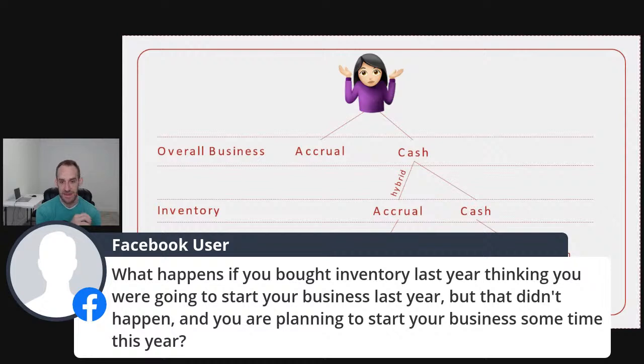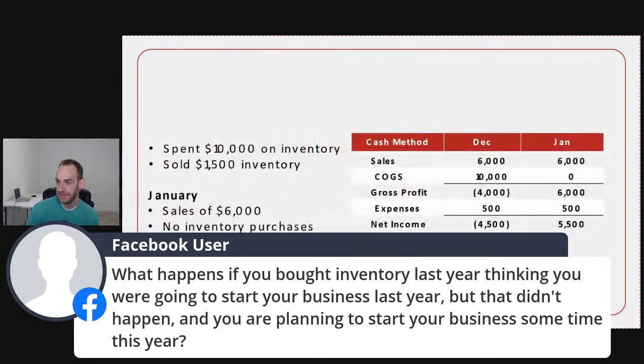If you're using the cash method, depending on how much inventory it was, you may or may not be able to deduct it all in that year. That has to do with startup expense rules. So expenses that you incur when you haven't officially started the business yet sometimes aren't deductible in that year, and that just depends on how much.